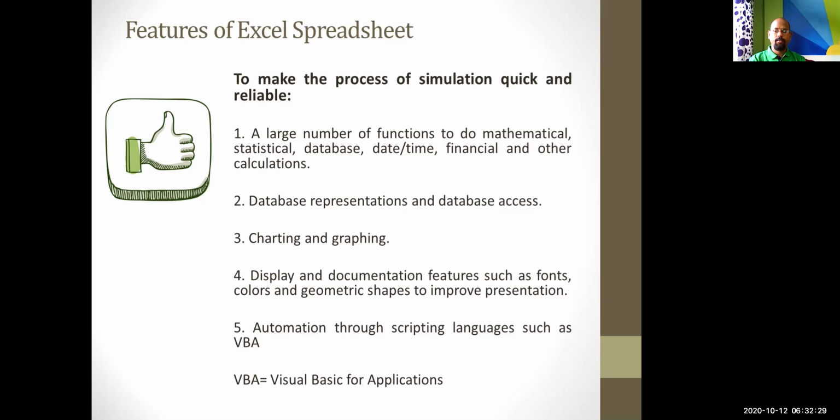Point number five, automation through scripting languages such as VBA. In Excel, there is another option known as Visual Basic for Applications. That option is used for designing new functionalities in the Excel sheet.